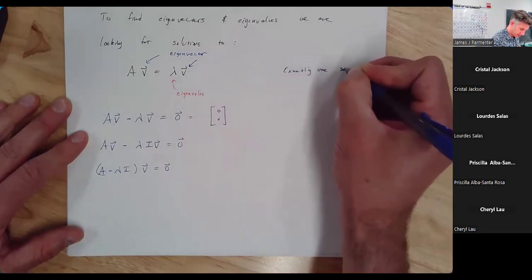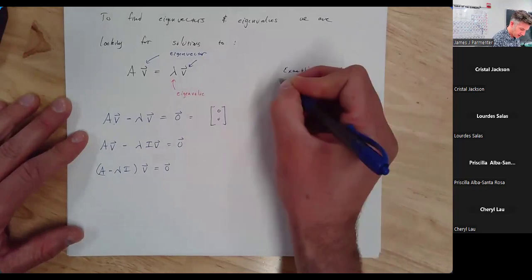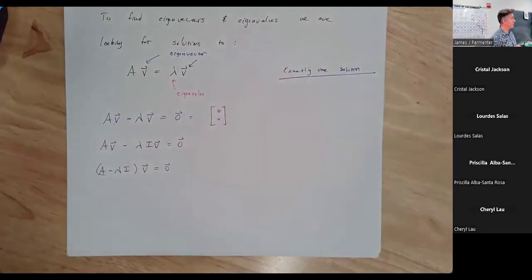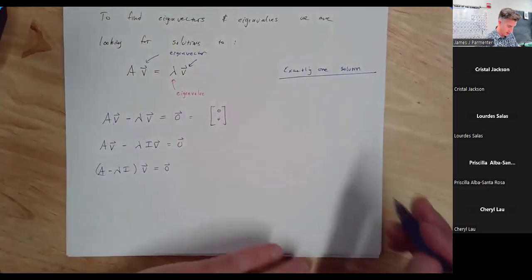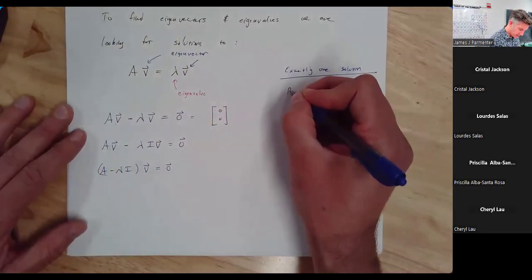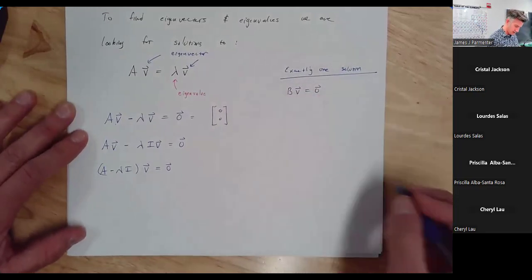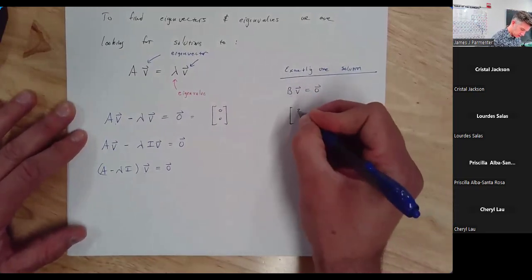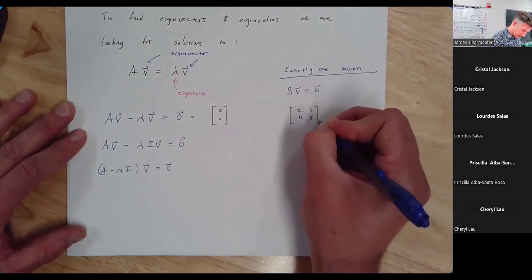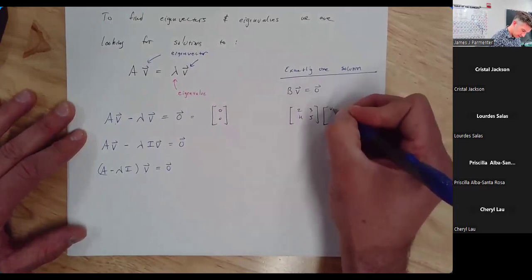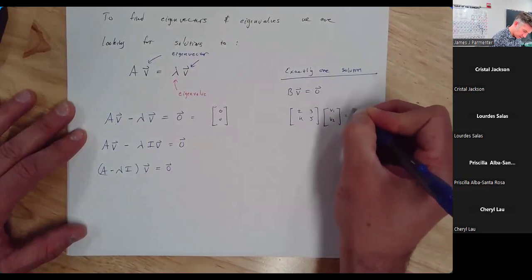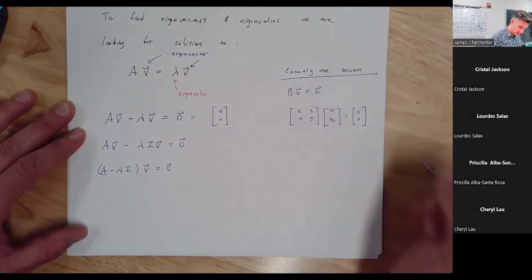So if we have exactly one solution, not very interesting. Because when you have exactly one solution, it means that your matrix is invertible, right? So just to rewrite this in a slightly different way, if you're trying to solve B times your vector equal to 0, that's like writing something like 2, 3, 4, 5 times your V1, V2 equal to 0, 0.